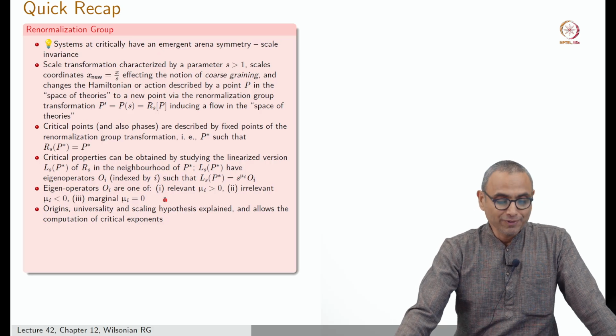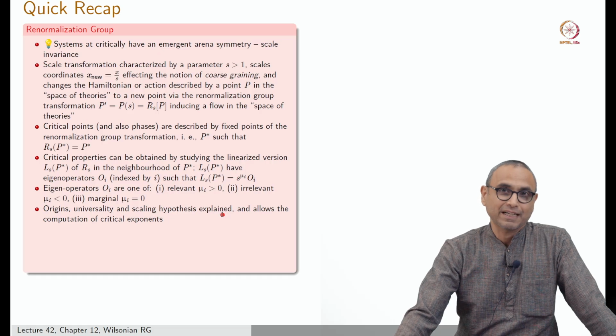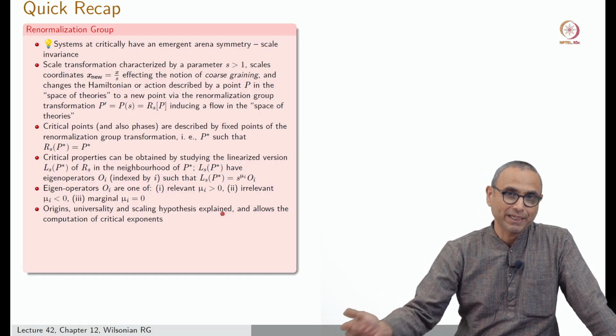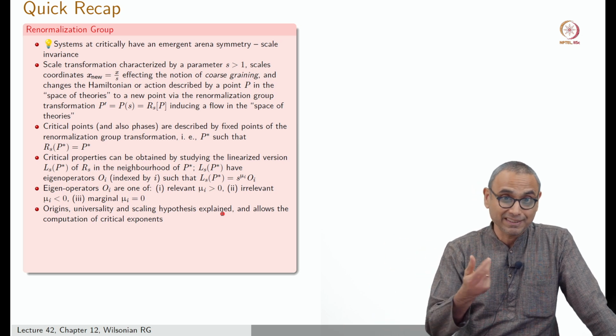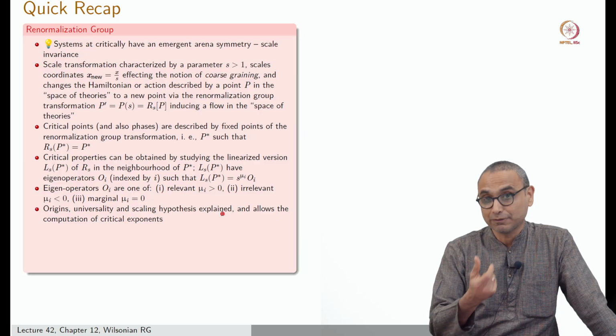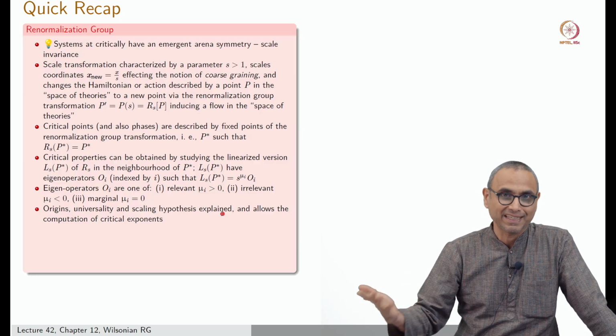So, the origin of universality and the scaling hypothesis all arise from the fact that there are a few relevant operators. Once you have only a few relevant operators about the critical point, then the system forgets a lot of details, because it is going to be governed by just these few operators that are relevant.